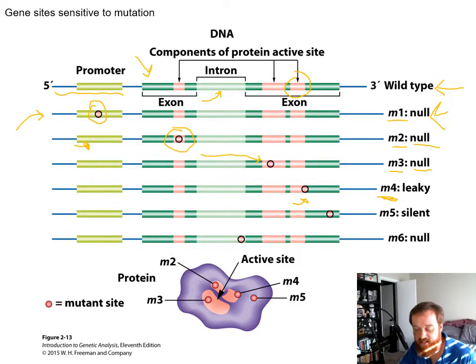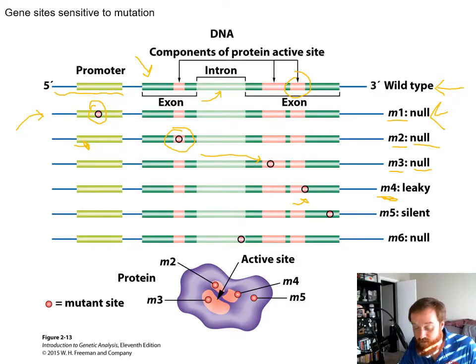And what that means is that we don't have a full termination or full stop of the function of this gene, but instead we have a reduced function of the gene, or leaky function, meaning that it works half the way. It's not as efficient as the wild type, but we see some function, it's just not as strong as the wild type. And so that's because that mutation there has caused a little bit of a change that leads to this lack of function.